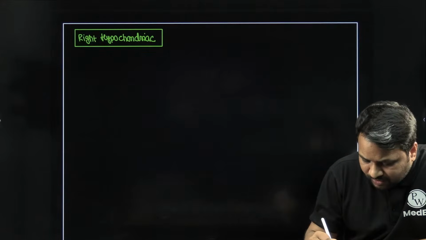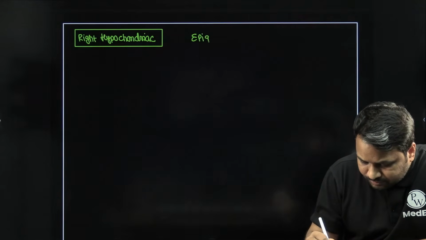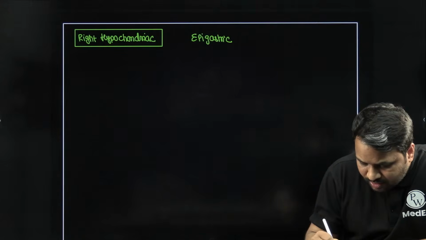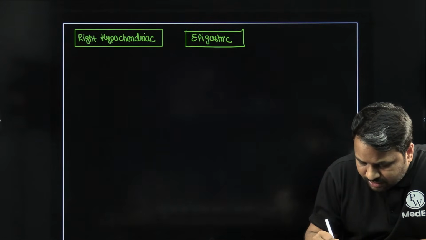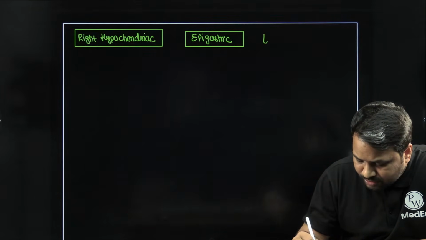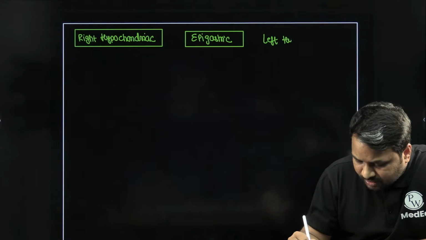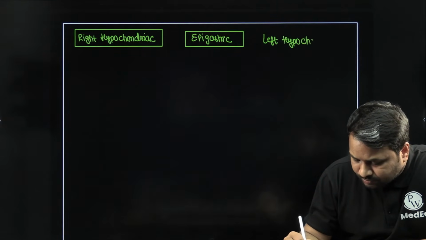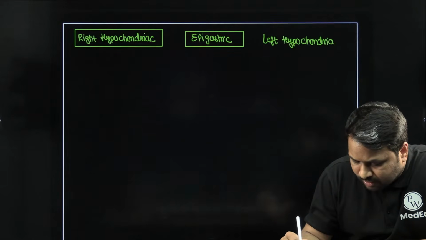The top line, then you have the epigastric region, and then you have the left hypochondriac region.